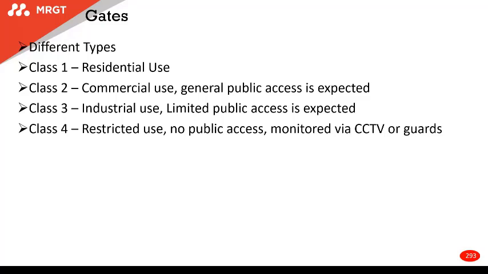Class 1 gates are for residential purposes, class 2 gates are for general public access, like commercial grade access. Class 3 gates are industrial gates, and class 4 are for restricted areas like prisons. We should also be concerned that walls are made of proper material that could not be easily blown out with explosive material, in case you're talking tough security.